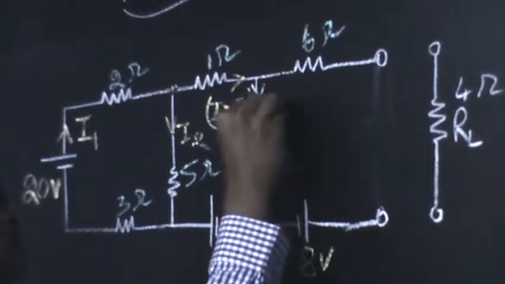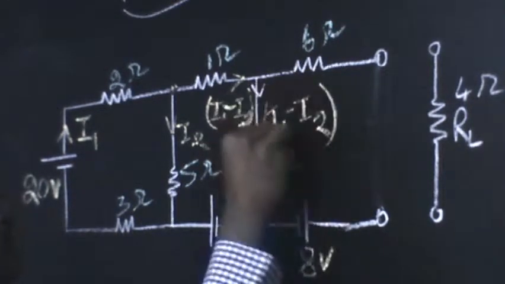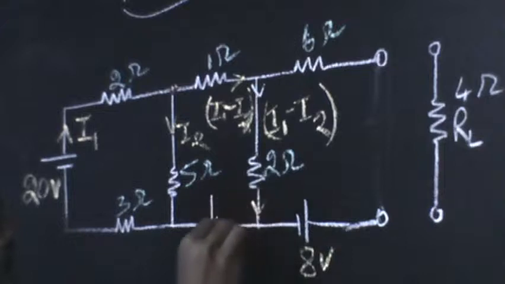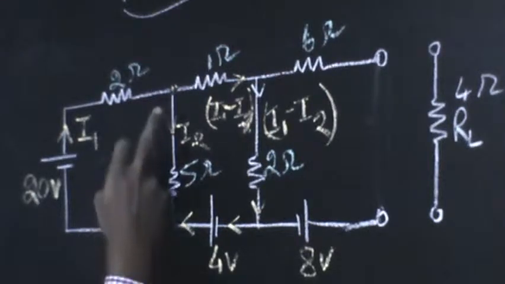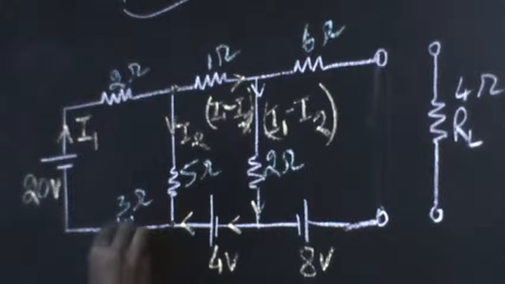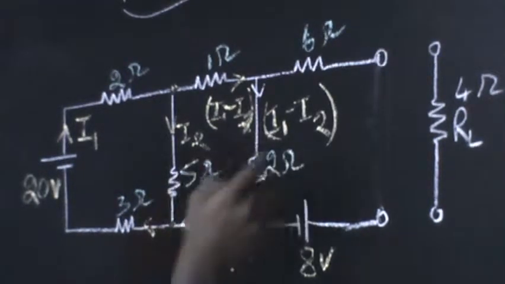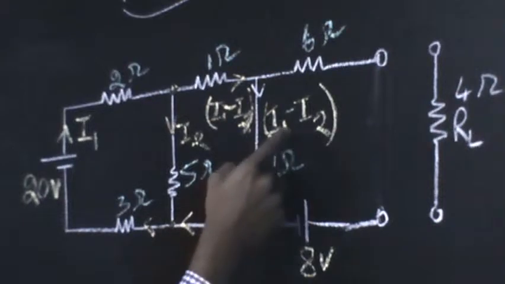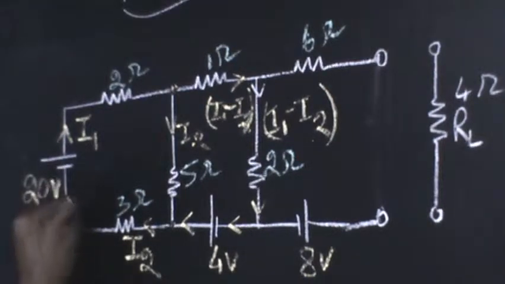So the same current I1 minus I2 flows here. Again the current comes here and diverges, and here the current flows in the opposite direction to I2, so plus I2 goes here, and I1 minus I2 plus I2 gives I1. So I1 current flows here.